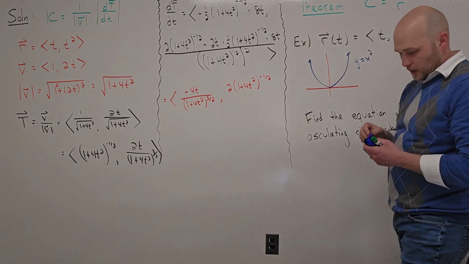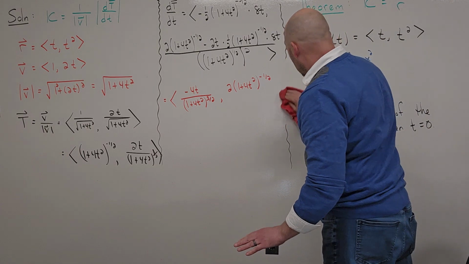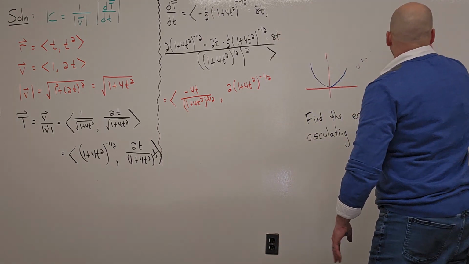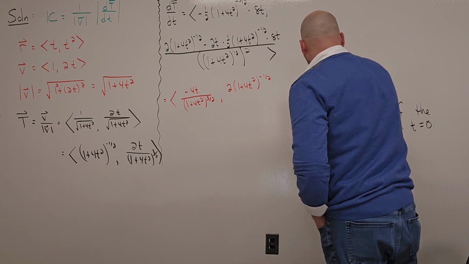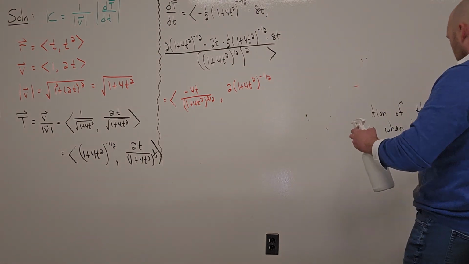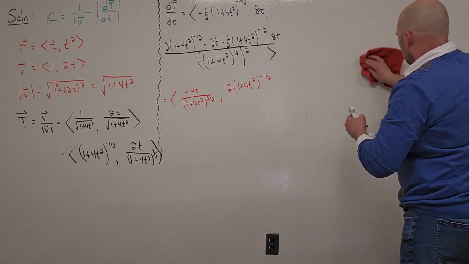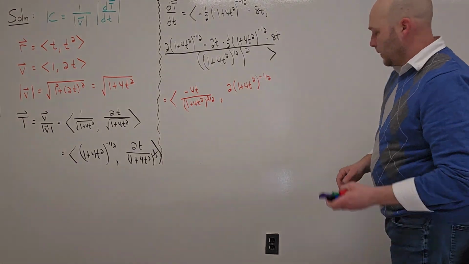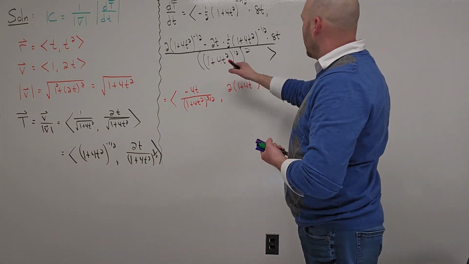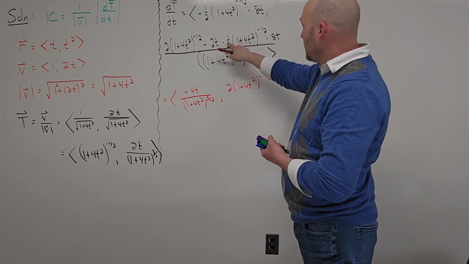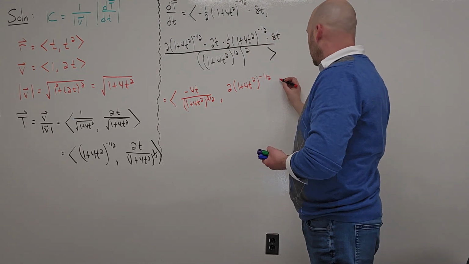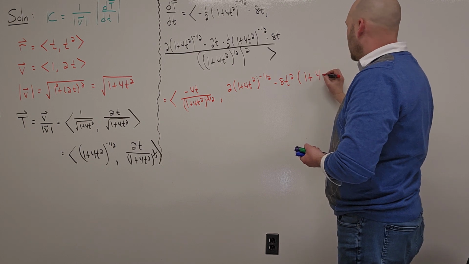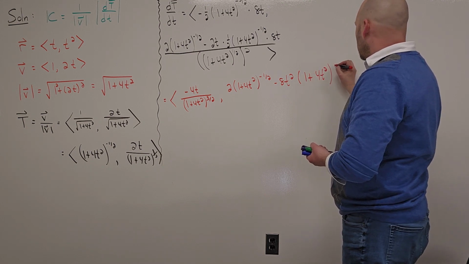Let me clean this up over here so I can keep it all in the same line. So this was this term here, then I've got a minus 2t times 1/2, that'll leave it minus t, and then I've got 8t, so that'd be negative 8t squared, times 1 plus 4t squared to the negative 1/2.